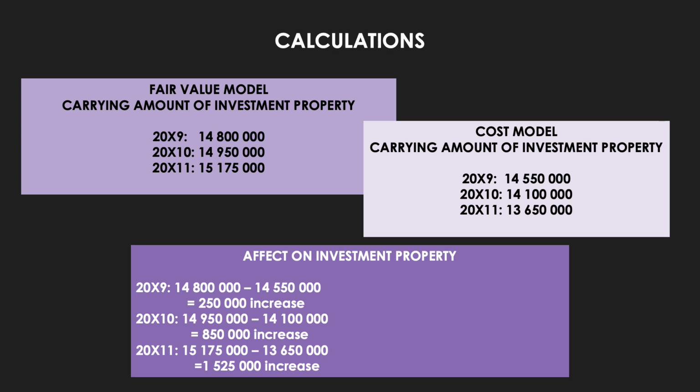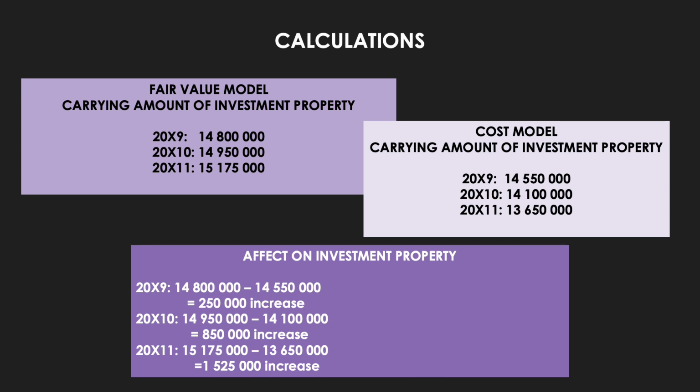If we look at 2010, the fair value model shows that we should have a carrying amount of 14,850,000 Rand, but on the cost model, we are currently sitting with a carrying amount of 14,100,000 Rand. The difference, once again, is an increase that needs to be taken into account, and this increase is 850,000 Rand.